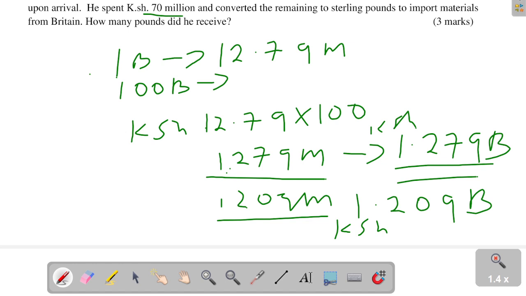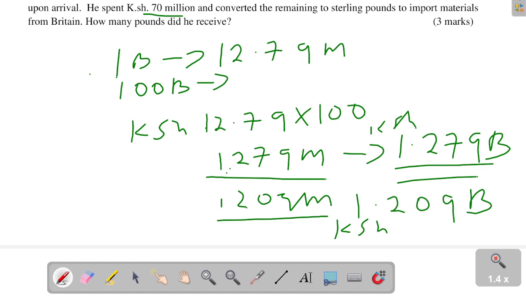And now we are being told that he converted the remaining to sterling pounds to import materials from Britain. How many pounds did he receive? I want to emphasize here, class, that once you are in a country, you have the currency of that country, then you need a currency of another country.